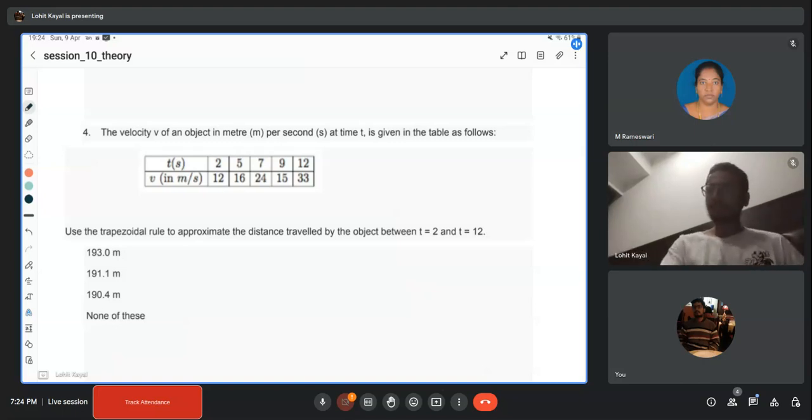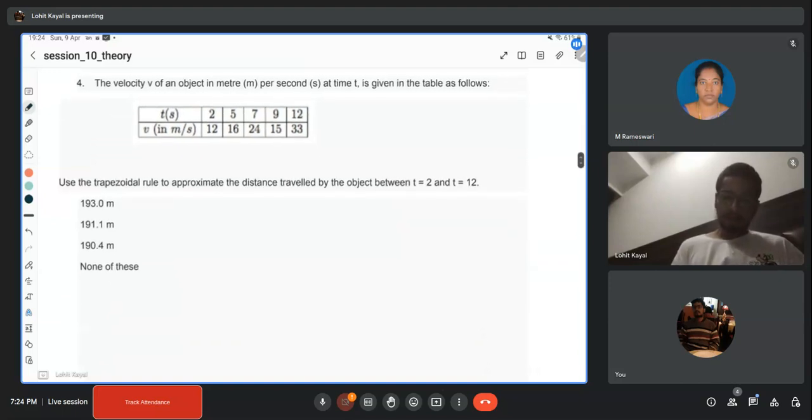So now question number 4. Here I have to use the trapezoidal rule to find the approximate distance traveled by the object between t equal to 2 and t equal to 12. Now we know the formula for the trapezoidal rule for multiple segments.